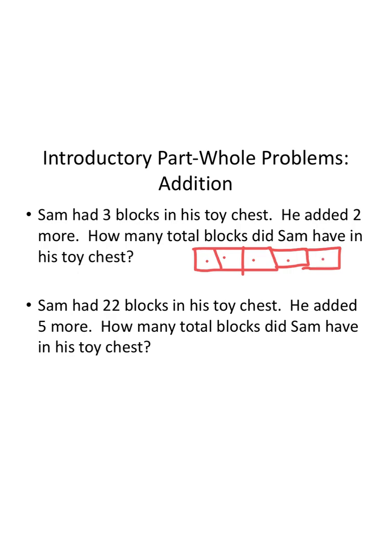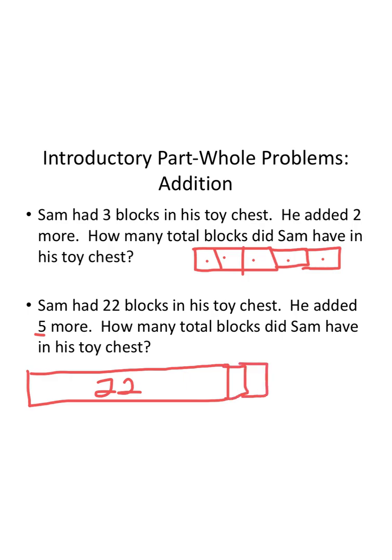Now, by the time we get to a little bit harder problems, for example, Sam had 22 blocks, we no longer want to draw 22 blocks. So we just draw a tape diagram or a bar model and we label it 22. Now we're going to add 5 more. Starting out, you would label and actually draw 5 more so that the kids could count on.